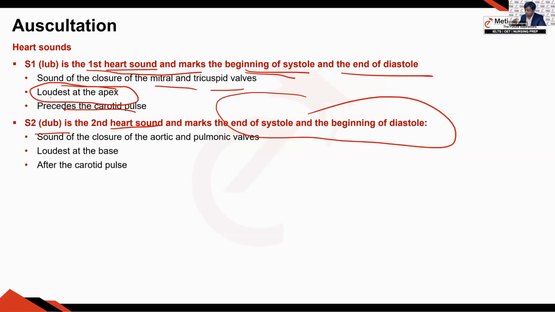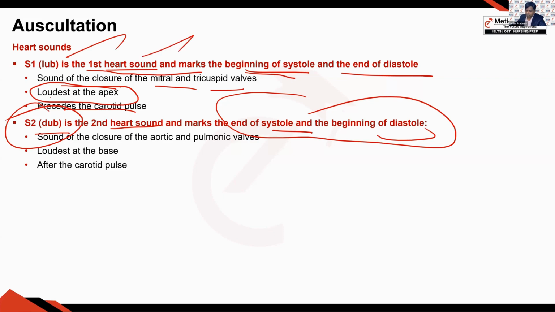As you know, future investment for nurses and practitioners is more. So learn and keep the advanced level questions. If it is basic level, no problem. If you study advanced level, everyone will clear the basic level. So the end of the systole and beginning of the diastole is S2.